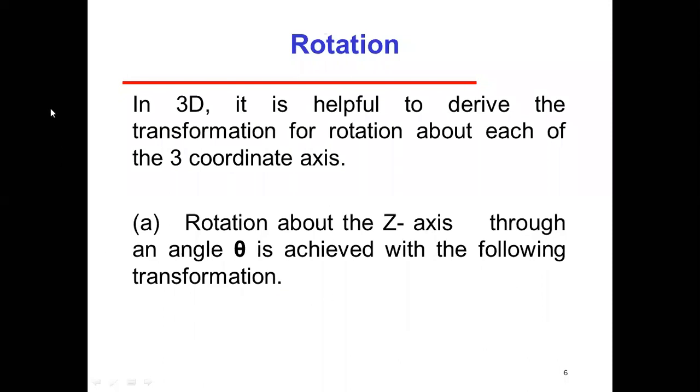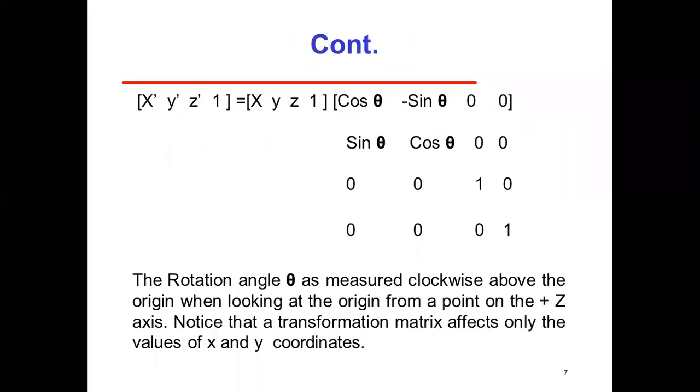So whenever we rotate our object about the z-axis, we will use the 3D matrix formulation as given: x dash, y dash, z dash, 1 is equal to x y z 1 times cos theta, minus sin theta, 0, 0; sin theta, cos theta, 0, 0, and so on. This is called the matrix formulation for the rotation along the plus z axis.